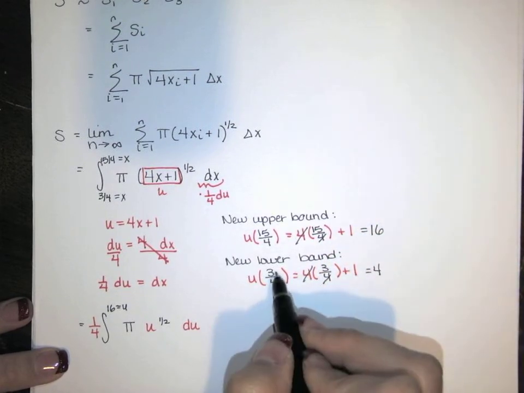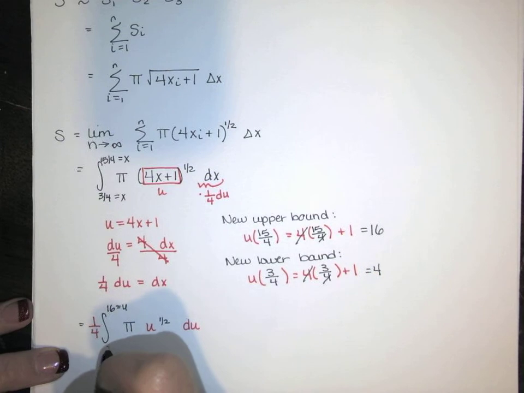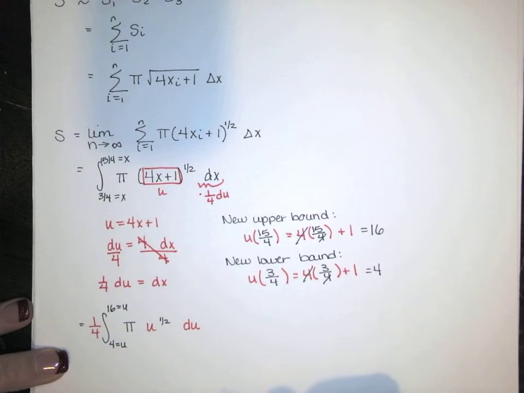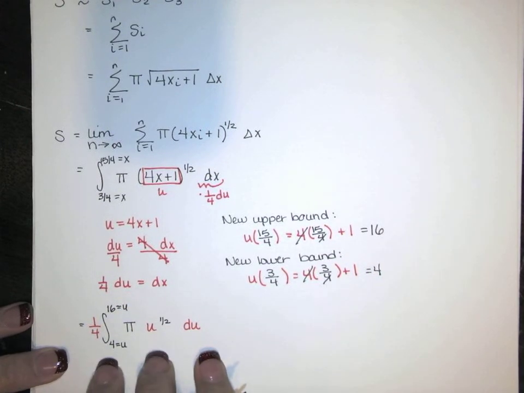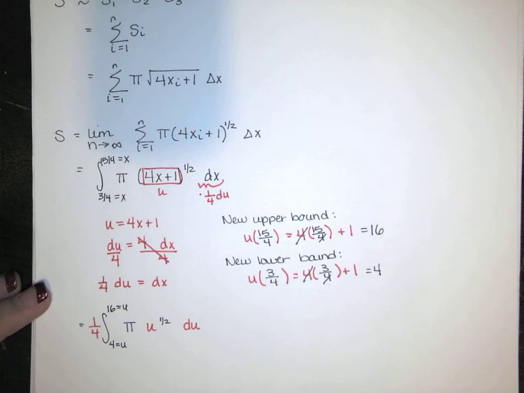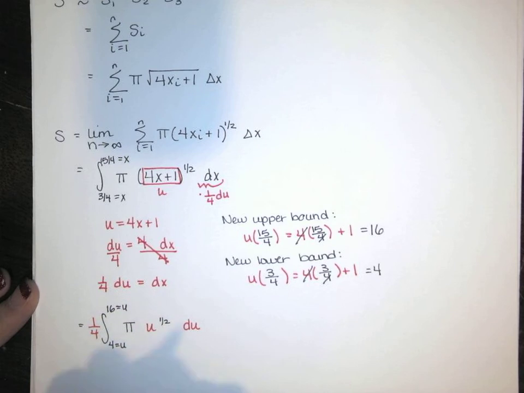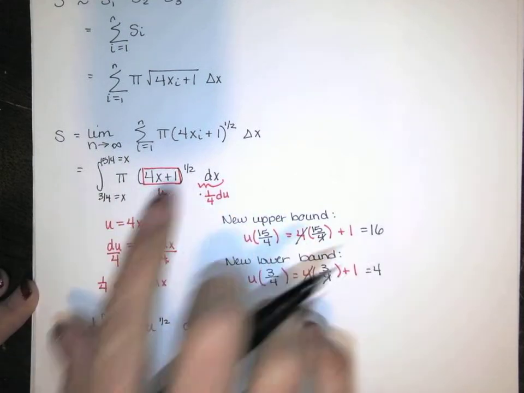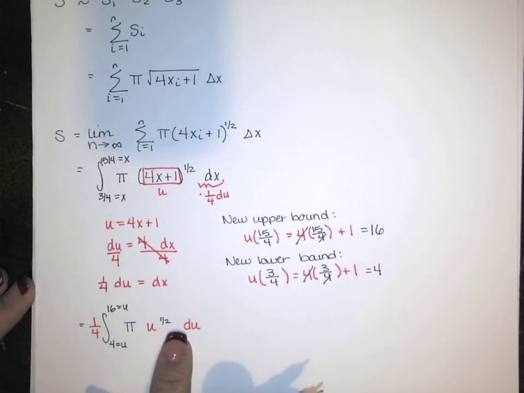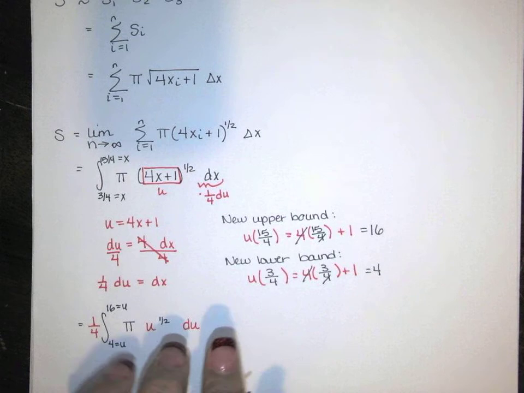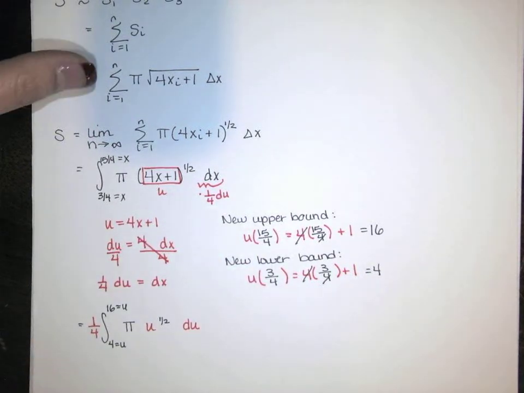So when x equals this value, u equals that value. That is my new lower bound. Now since we've changed the limits of integration, we never have to go back to x. This has already been written in an entirely new form. So I can evaluate this, and this is going to be equivalent to that.